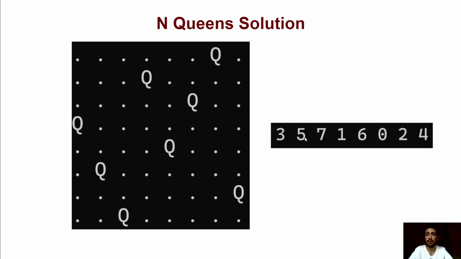At the column with index 1, the second column, the queen is placed at row index 5, so 0, 1, 2, 3, 4, 5. And this is true for all of the remaining queens. As we can see in this solution, there are no queens threatening each other, which means that no two queens share the same row, column, or diagonal.